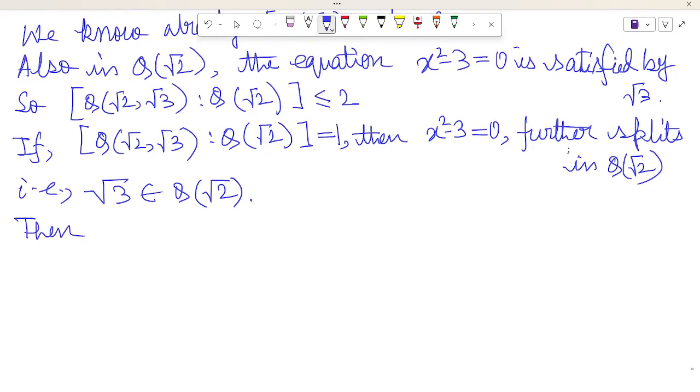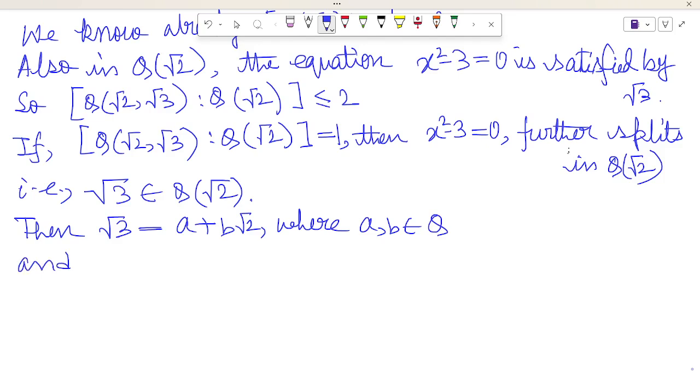Then root 3 can be written as a plus b root 2, where a, b belong to Q. Now if you square both sides, what will I get? Squaring both sides, I will get a square plus 2b square plus 2 root 2 ab equal to 3.